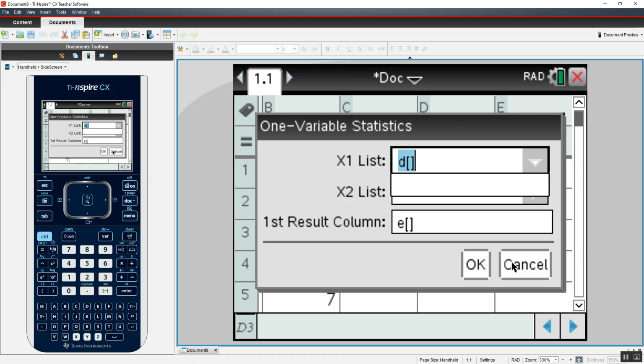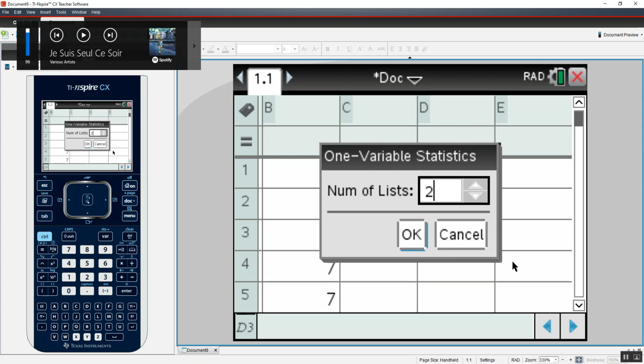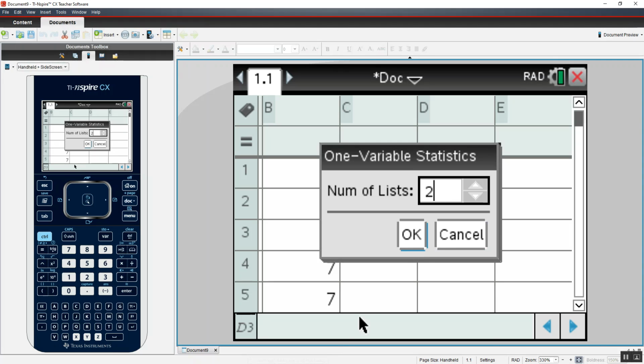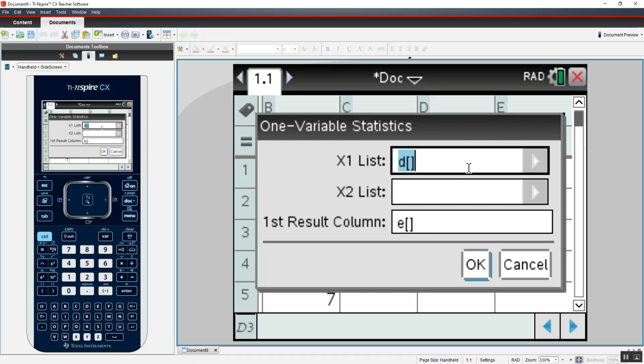Press second, and then up to the I figured it out. You type in A, bracket. Oh, because that's our first column? Yeah, and then your B. X2, B, brackets. All right, okay. And then it'll spit it out.